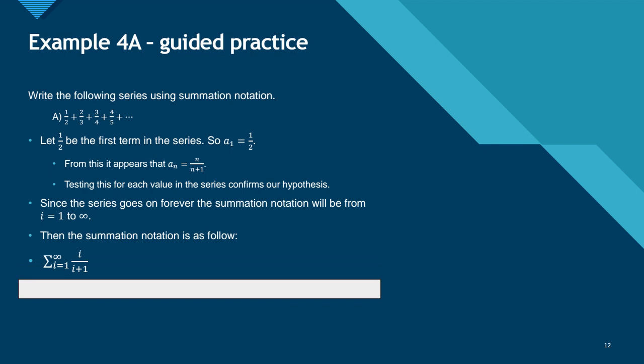The sum from i equals 1 to infinity of i over the quantity i plus 1. You can do the sum of n equals 1 to infinity of n over the quantity n plus 1, as long as your variable is consistent, it doesn't matter. And the reason that the infinity and the i equals 1 are not in the top and bottom respectively is just limitations with technology and equation editor.